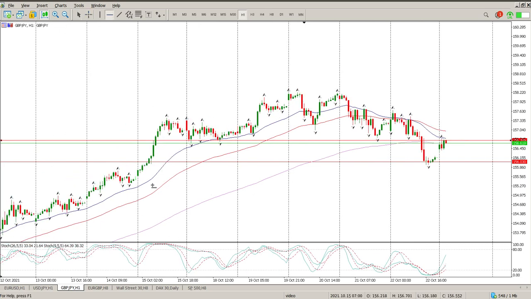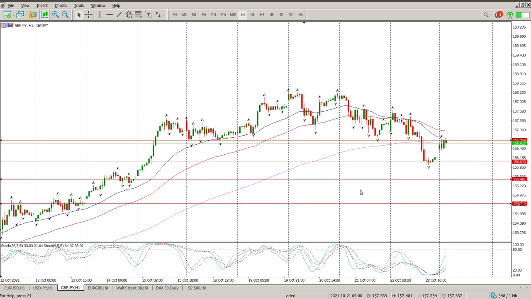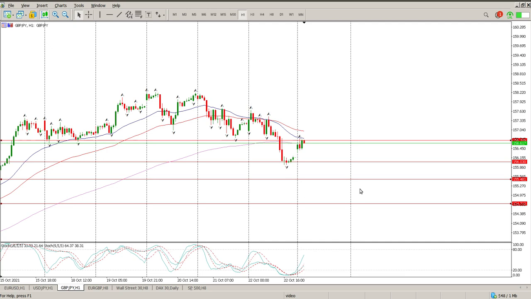So I would do something along the lines of that. There is a gap there, and there's a gap down there. So that's kind of the structure that I see before it probably finds a base for another move to the upside. So for me at the moment, rejection of this during the European session, you're going to see the gap close, and then possibly at least 155.481 as your downside targets.